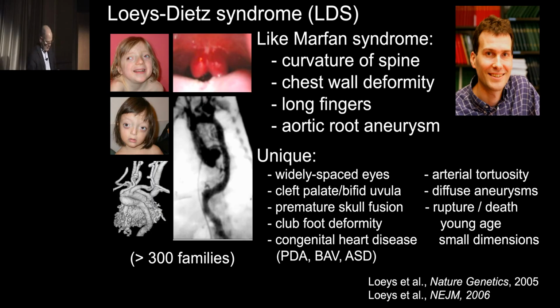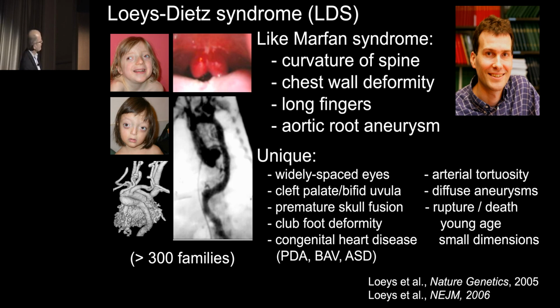Now, about 10 years ago now, my friend and colleague Bart Loeys and I recognized and described a new aortic aneurysm syndrome that had many features in common with Marfan syndrome, like curvature of the spine, chest wall deformity, long fingers, and aortic root aneurysm.